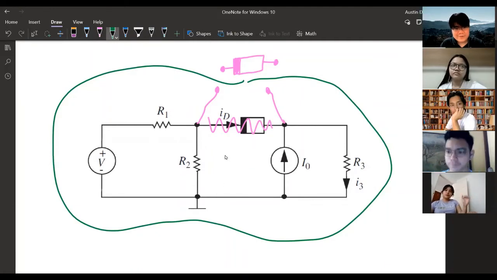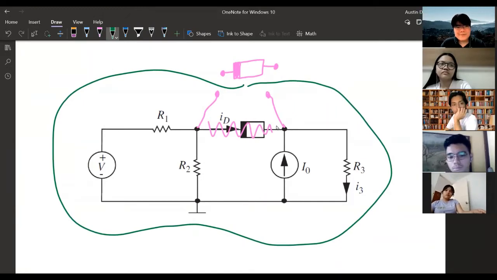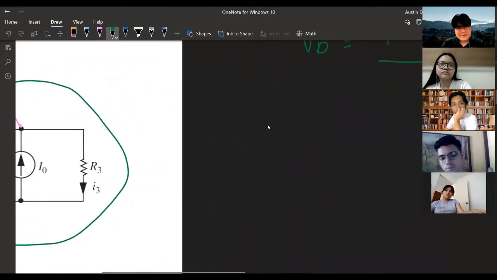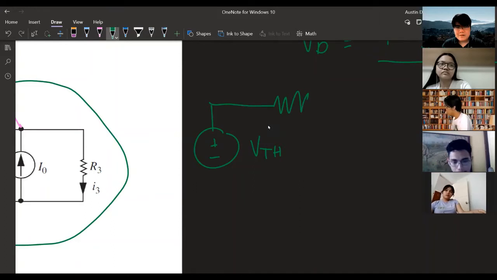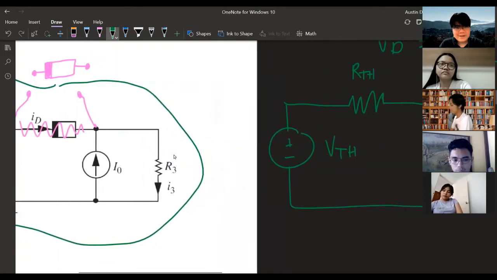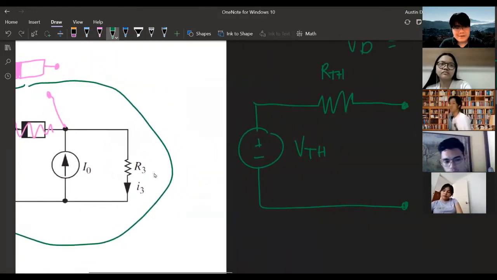Then I can proceed to simplifying this network. Titingnan ko na lang kung ano epekto niya dito sa mga wires na ito. Okay? And yung pagsisimplify na ganun, our trusty friend for this kind of problem would be this simplification, yung Thevenin equivalent circuit natin. Okay? Or Norton kung gusto mo. Pero mas appropriate dito yung Thevenin. Okay?